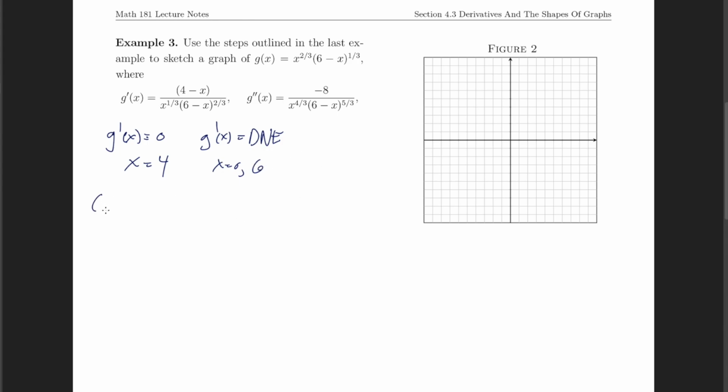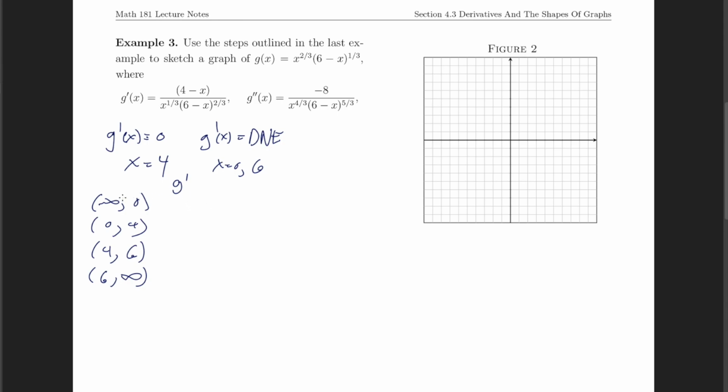And so let's go ahead and run through everything. So negative infinity to 0, from 0 to 4, from 4 to 6, and then from 6 to infinity. So here are our intervals. Let's look at our f prime, or in this case, sorry, g prime. So what do we have here?